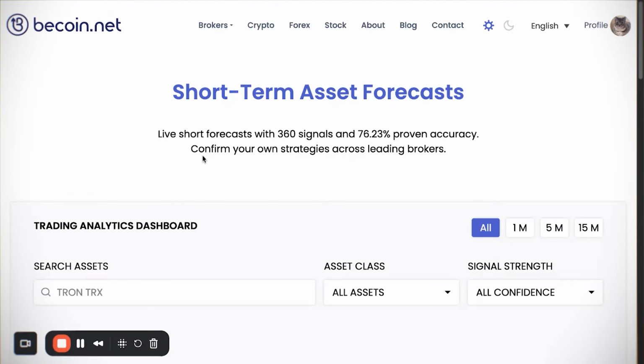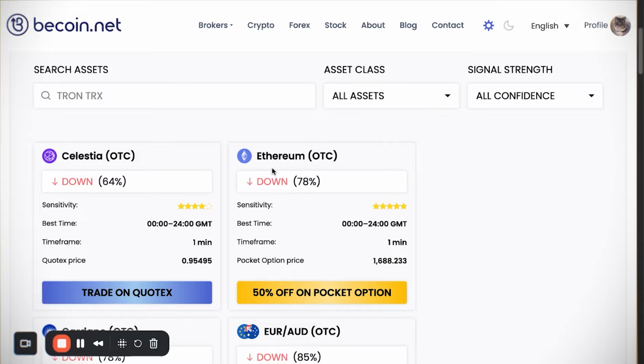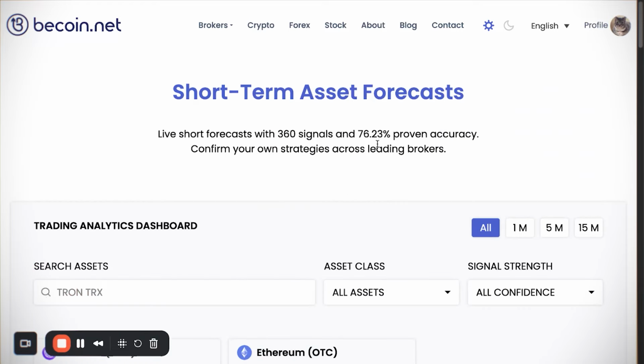Now, if you want to get extra certainty, sometimes I'll also pair my trading strategies with the live predictions of Becoin.net. They are fairly accurate. It depends on the day. Some days they're a little less accurate, some days more accurate. I've seen this go upwards of 85% accuracy. I've also seen this go downwards to a 59% accuracy, something around that.